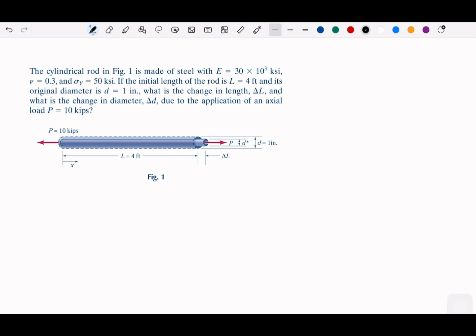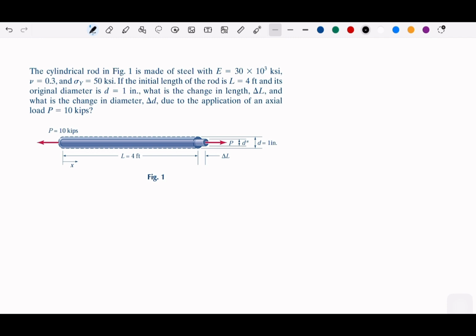Usually kips is equivalent to Newtons. There are some conversions for the numbers, but let's say we are just going to use this. Okay, so feet for the length and inch. I think we are going to convert between inch and feet, and then megapascal is equivalent to ksi, or kips per square inch.